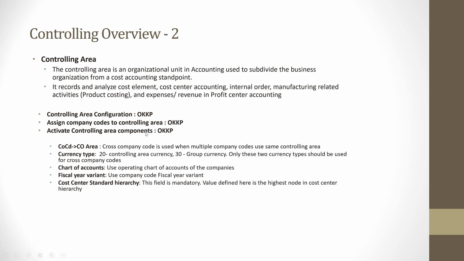Next step will be to activate various components in the controlling area. As mentioned, within a controlling area, you can create cost centers, profit centers, and internal orders. These are the components which will be activated in this controlling area.